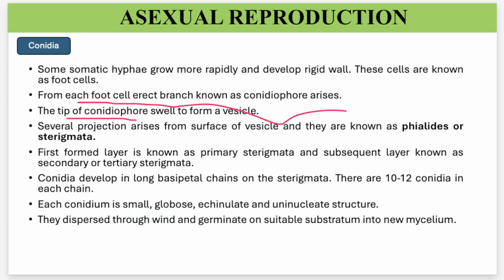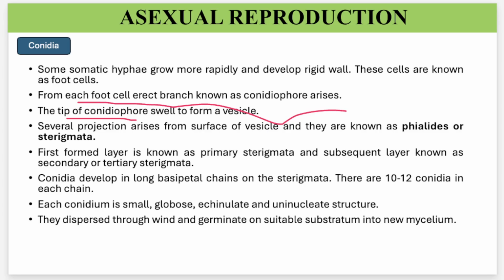You can see the first layer formed is known as primary sterigmata, and the second layer is known as secondary or tertiary sterigmata, on which the conidia form in a basipetal chain, means the oldest will be at the tip and the youngest will be at the base, right? You can see this type of conidia chain in this.